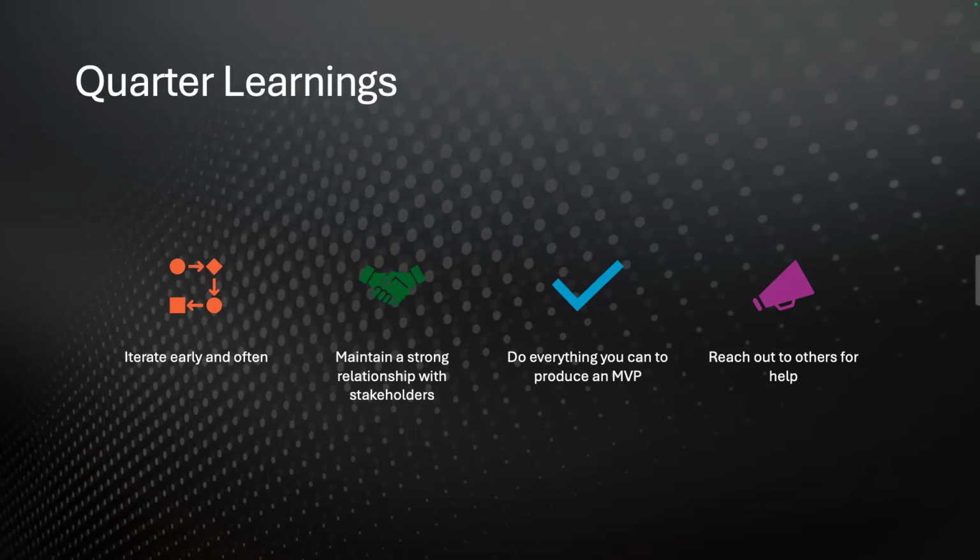Okay, so do everything that you can to produce an MVP. This builds on iterate early and often, just because you need to produce at least the minimum viable product that has the fundamental functions it needs for the app to successfully meet all the business requirements.